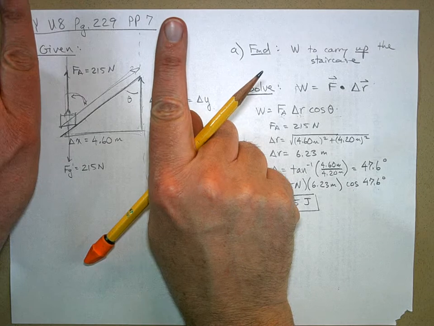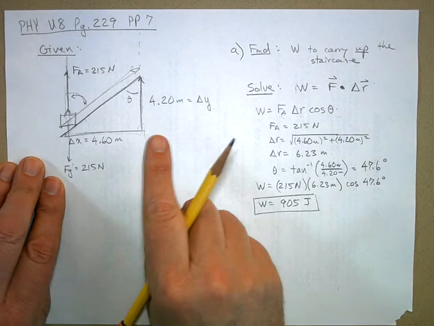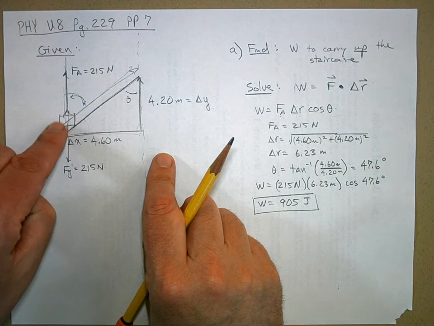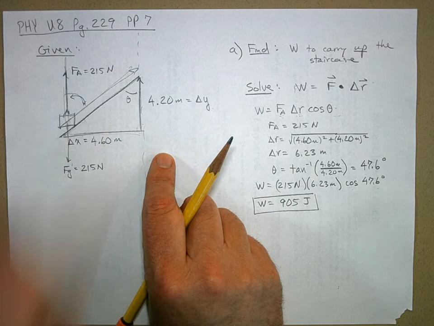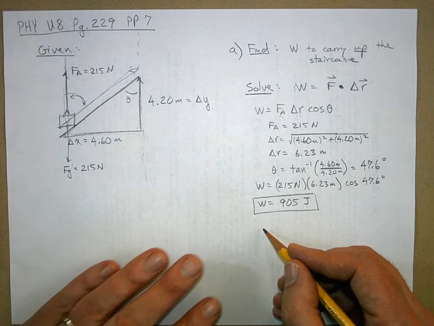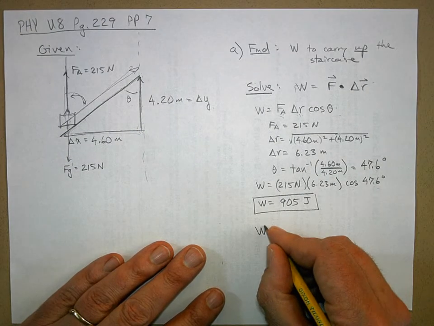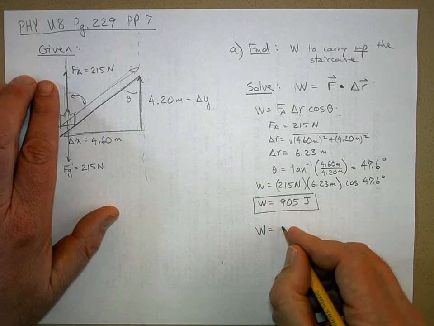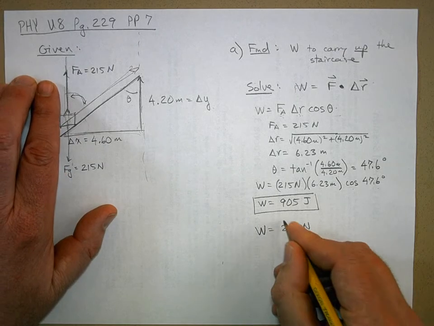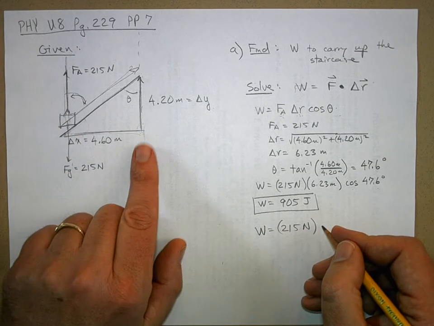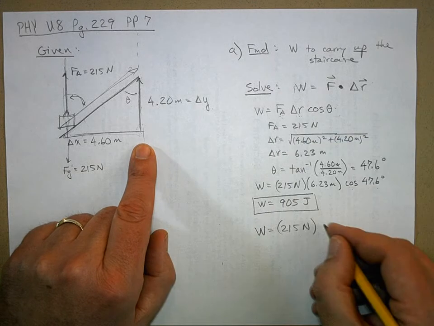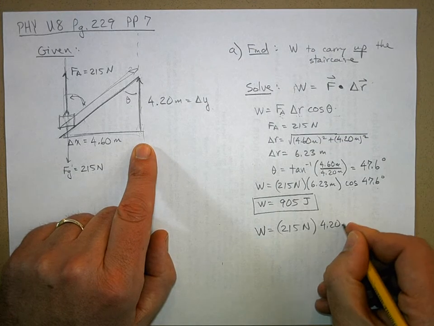They're both up. So I can just say the work this does is the work it takes to lift it 4.2 meters. So the work is equal to the applied force, but it's up, so how much displacement is up? 4.20 meters.